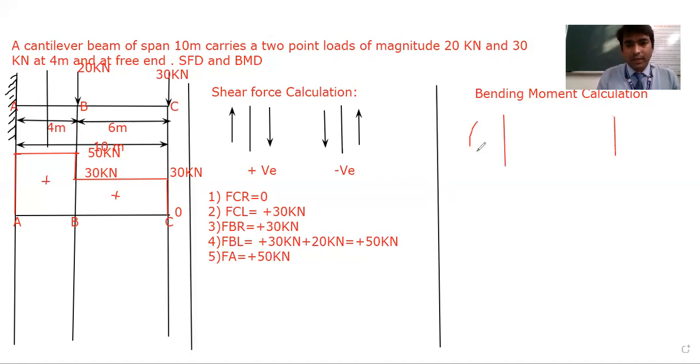If the bending is like this, in this case it is positive, and if the bending is like this, in this case it is negative.